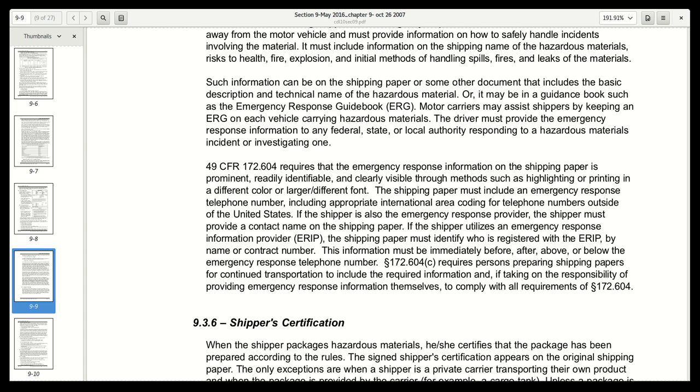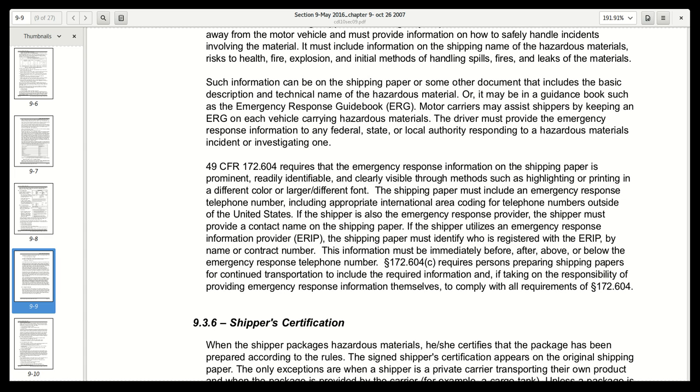If the shipper utilizes an emergency response information provider, ERIP, the shipping paper must identify who is registered with the ERIP by name or contract number. The information must be immediately before, after, above, or below the emergency response telephone number.